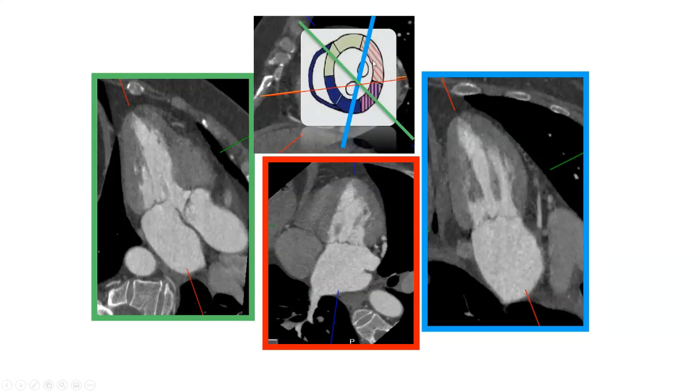This area here, the free wall, is supplied by the left anterior descending artery. Now keep in mind there can be overlap. Sometimes the right coronary artery can supply part of this circumflex territory. Sometimes diagonal branches can supply this area here. But in general, RCA territory, LAD territory, circumflex territory here, recognizing that there can be overlap.